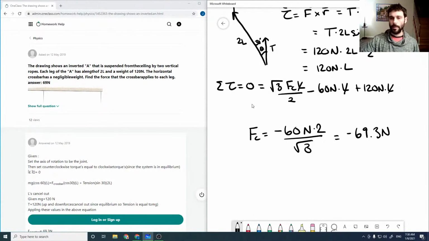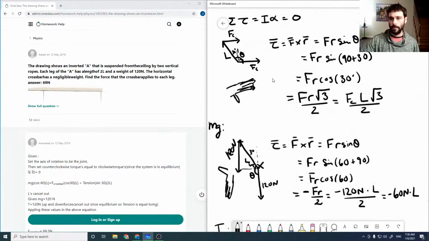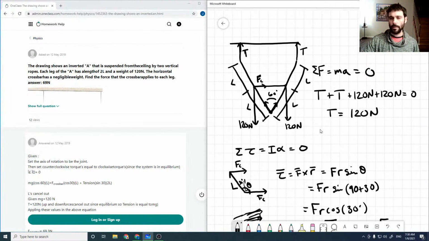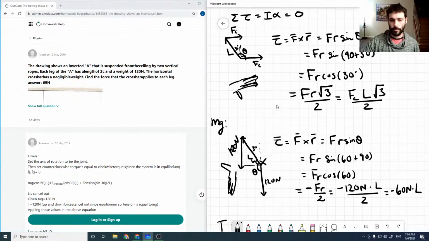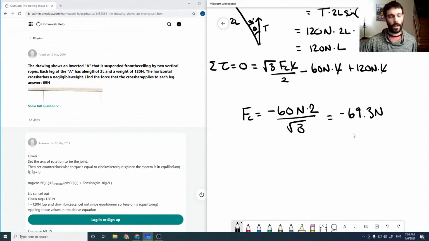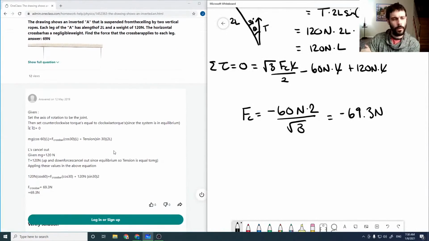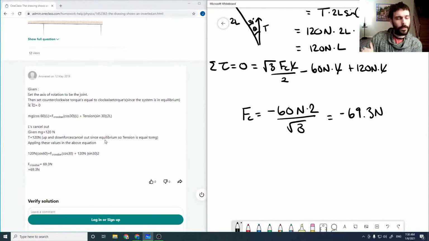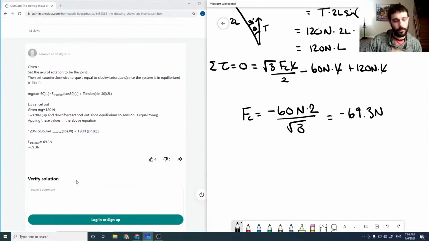So the negative sign just means that I initially chose the FC in the wrong direction, so it doesn't pull the A in, it actually pushes the A out. But the magnitude of the force is 69.3 newtons. Okay, so we get that the force of the crossbar is 69.3 newtons. So that looks good.